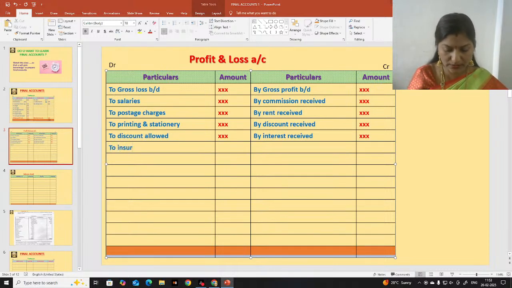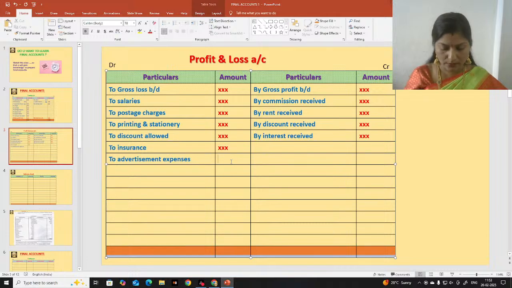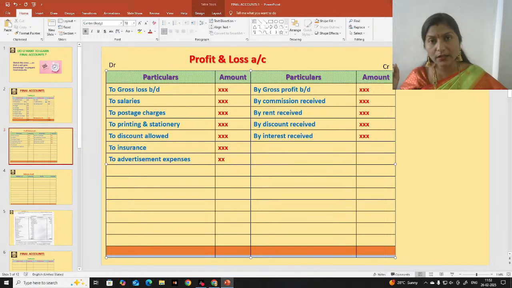Insurance also appears in the profit and loss account debit side only. Insurance. Next, to advertisement expenses. Advertisement expenses. Okay, we should record whatever amount is given in the question, but here I am writing XXX.